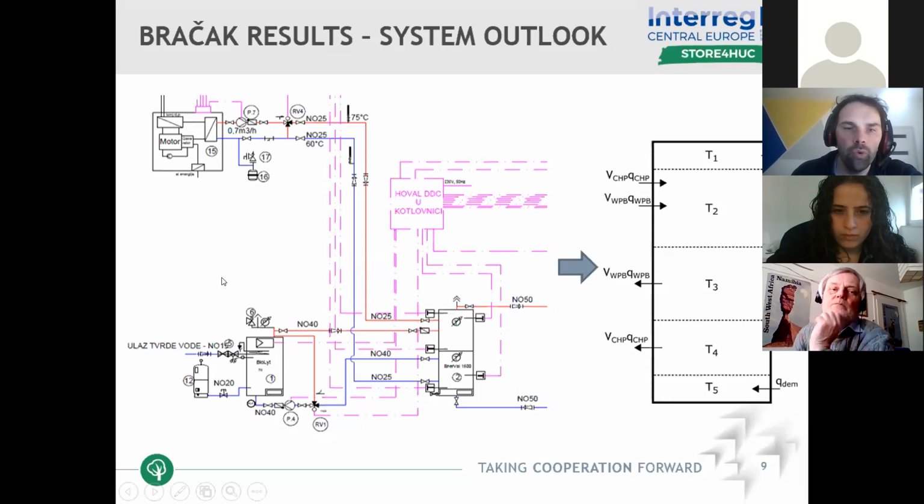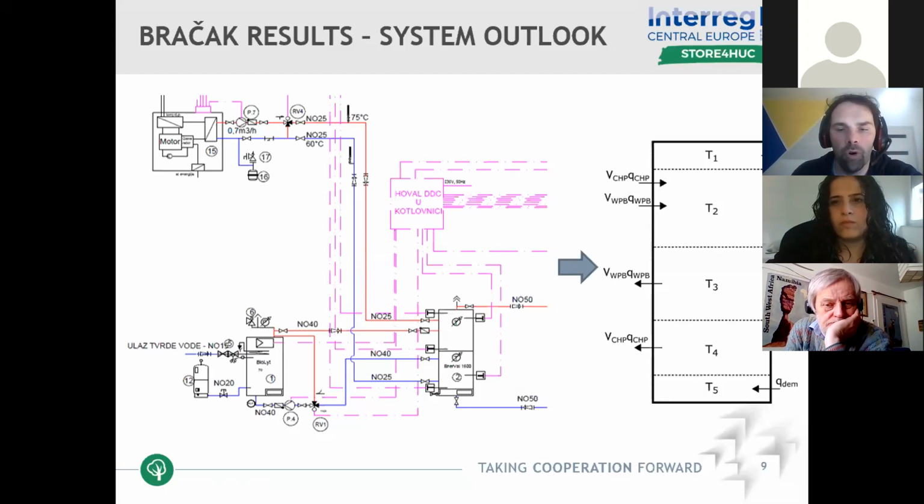We have actually 2 heat sources. One is CHP, so combined heat and power, which needs to be really carefully planned when used, because it has some constraints regarding the maximum temperatures it can receive on its input from the storage. And in order to keep it engaged, and we will see it's very lucrative to keep it engaged all the time, we need to obey this constraint.